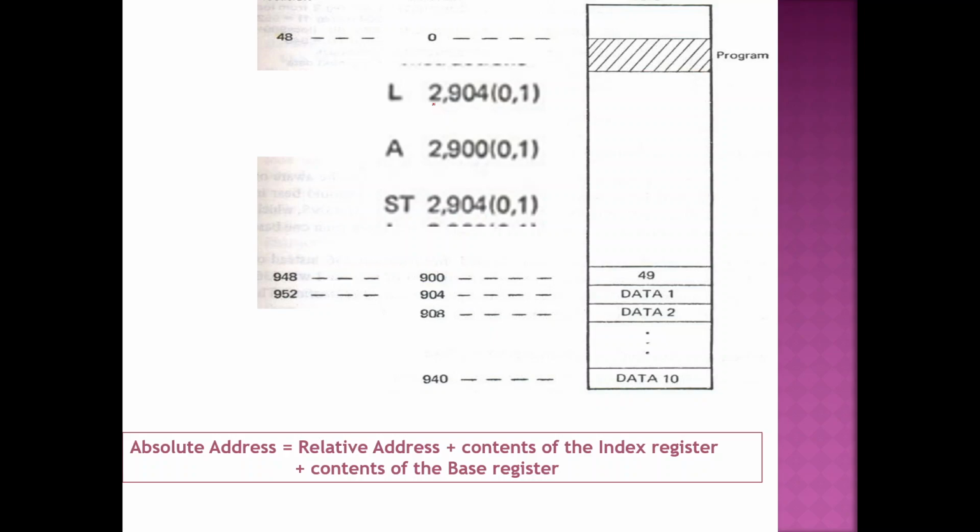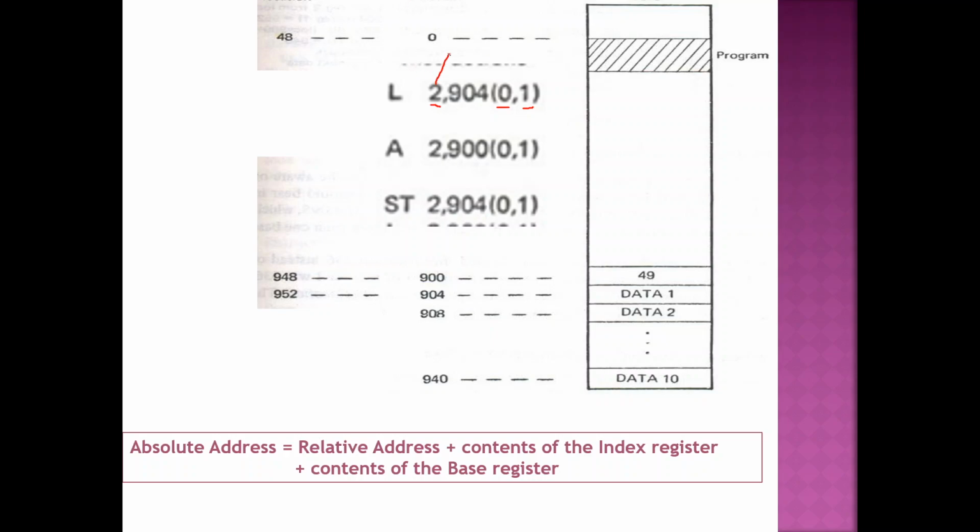Then comma, 904 of 0 comma 1. What do you mean by 904 of 0 comma 1? 0 is your index register, and 1 is your base register. The syntax is going to be like this: L 2 comma 904 of 0 comma 1. What is each thing?